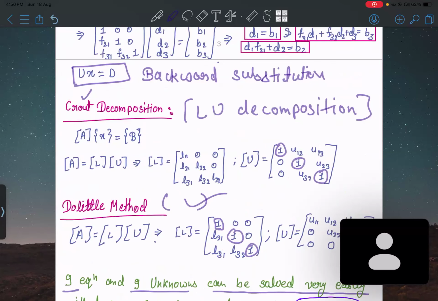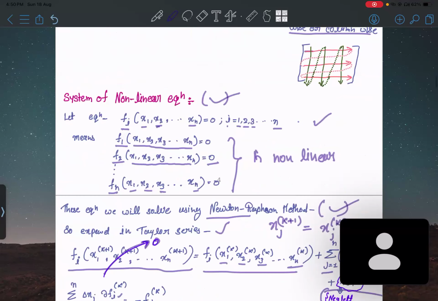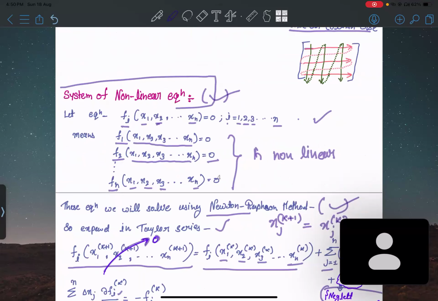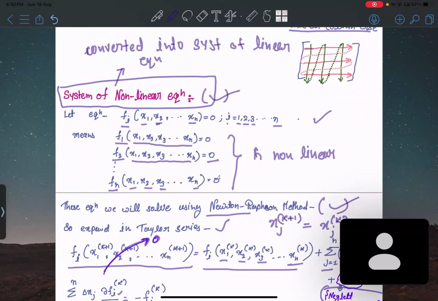Okay. Then we have seen how to solve a system of nonlinear equations. This system of nonlinear equations is converted into a system of linear equations. How? By using the Newton-Raphson method.